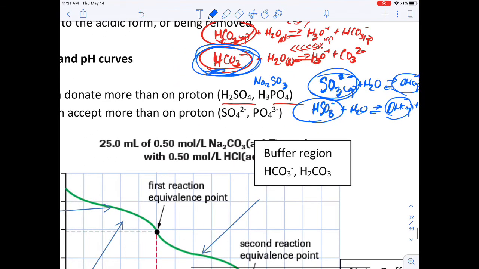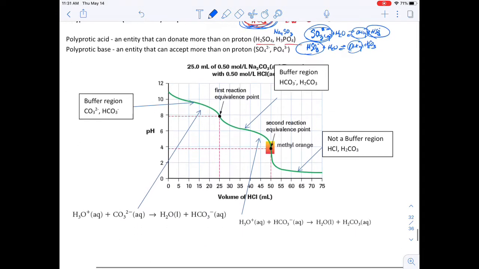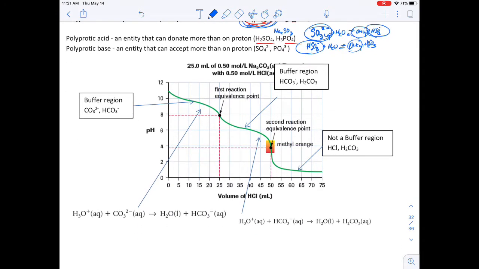Now, this curve has sodium carbonate, and that's a polyprotic base with a strong acid. So I'm ending it with a low pH. Down here, this will not be a buffer, and the reason is that at this point, basically you've got hydronium ions and carbonic acid.